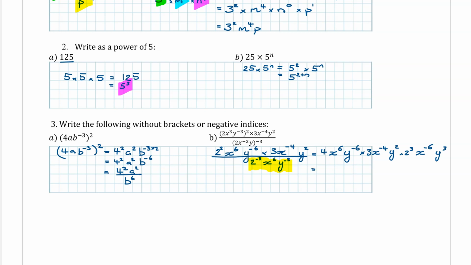Moving onwards, we have to deal with these coefficients. So 4 times 3 is 12, and then 2 to the 3, that will be 8. Now we've got x, so x to the 6 minus the 4, and the negative 6 there.